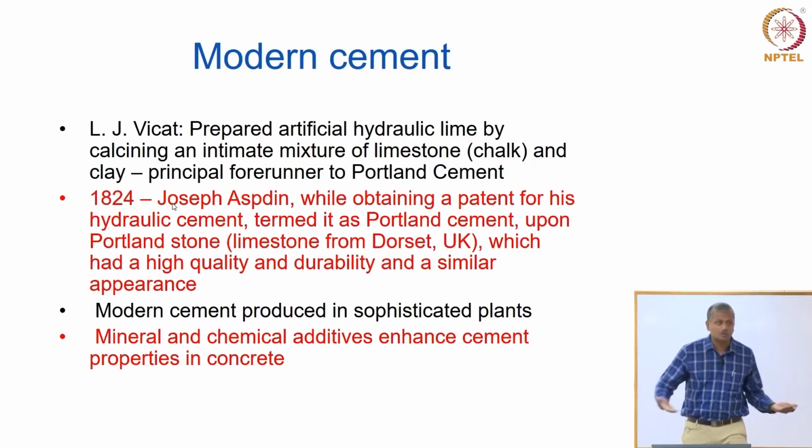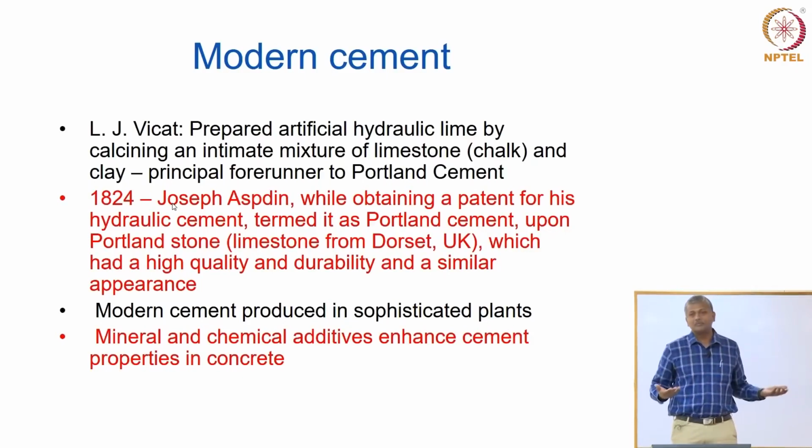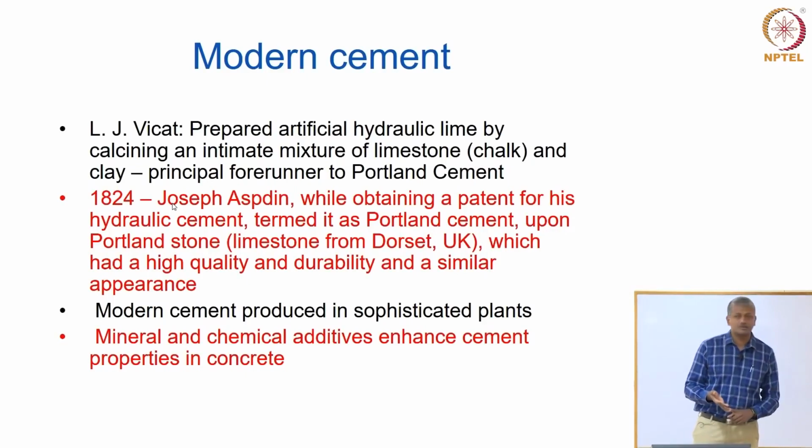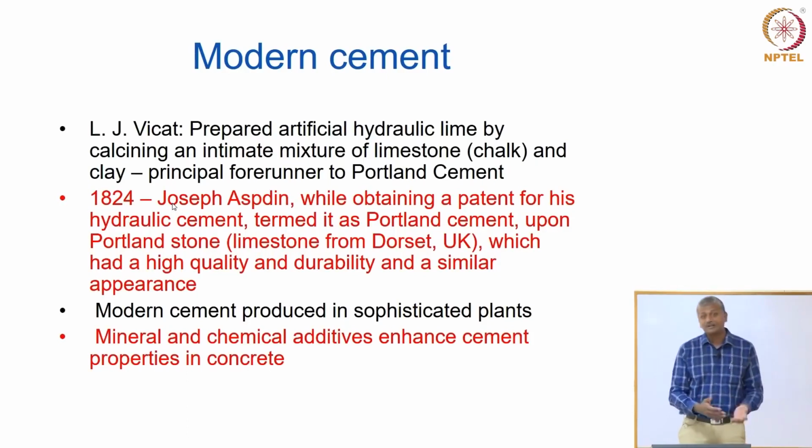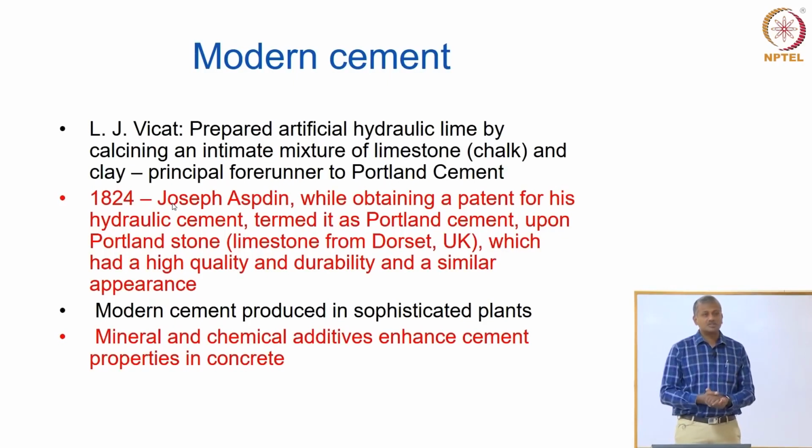They just take the limestone, put it inside, burn it for some time, and then take it out. They don't have control on the time, temperature, the pressure maintained inside the kiln, and so on. As a result, you don't get a product that is controlled with respect to its characteristics, so you may have something that is highly variable. On the other hand, with cement, people have such control on the process that they can get a product that is very highly controlled with respect to its performance.